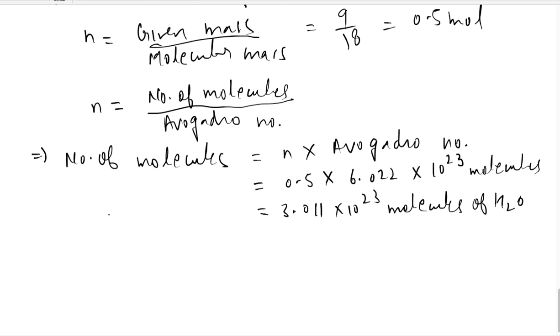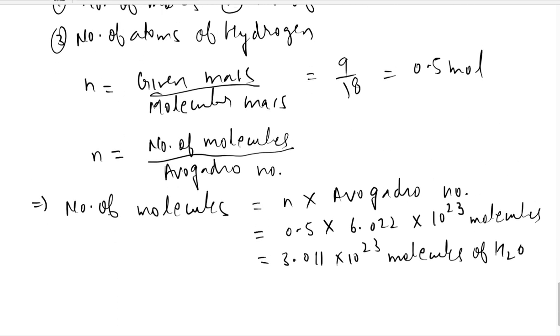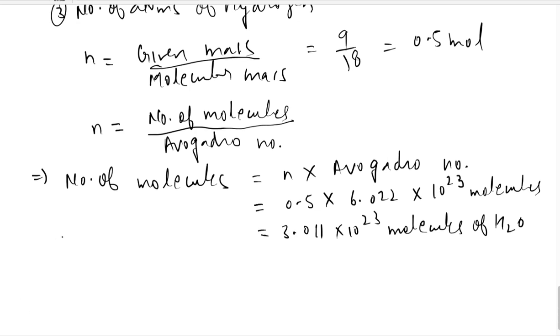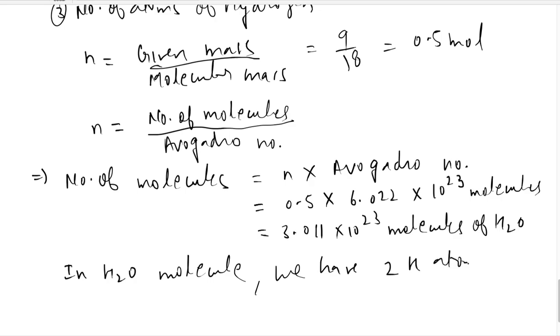And thirdly, we are supposed to find out the number of atoms. Okay, so in a water molecule we have 2 hydrogen atoms. What does it mean?